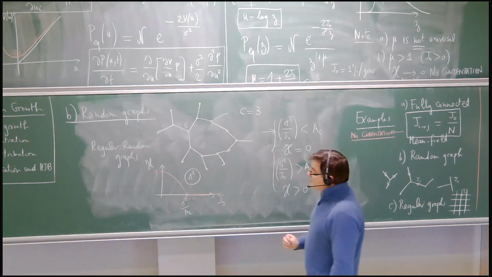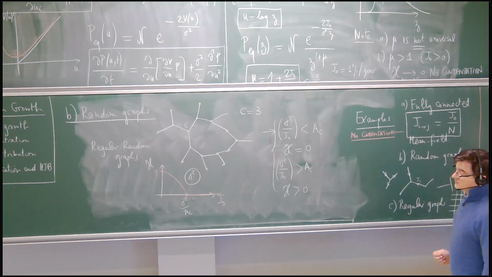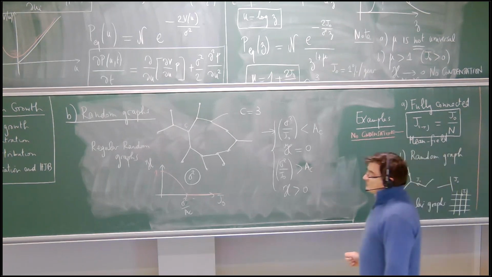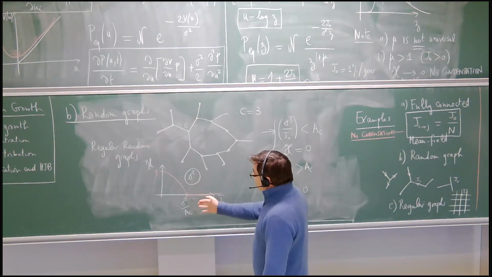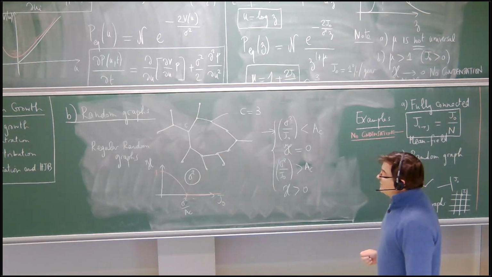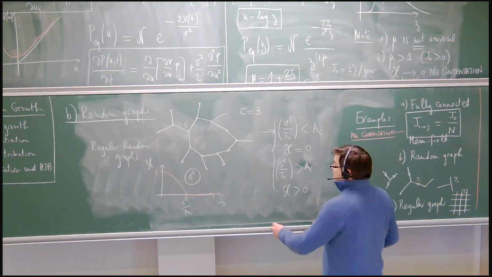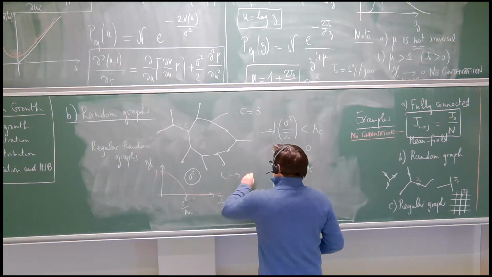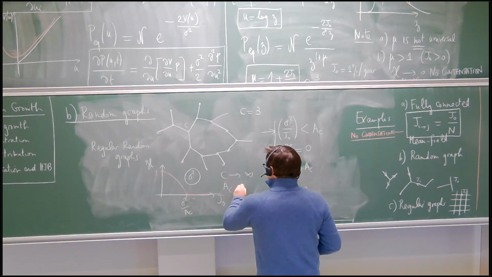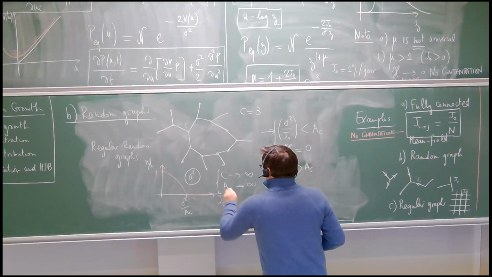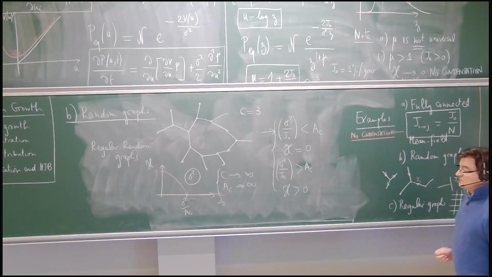And so there's no condensed phase anymore. So that's how you recover the mean field limit from this model, is that in the limit C goes to infinity, AC also goes to infinity. So condensation disappears in this limit, okay?